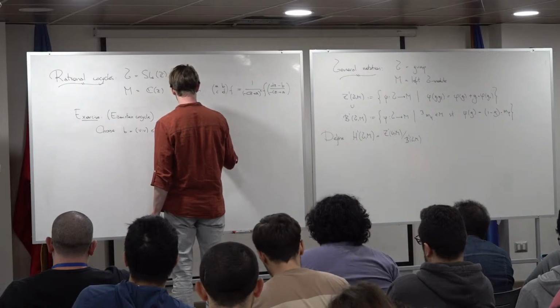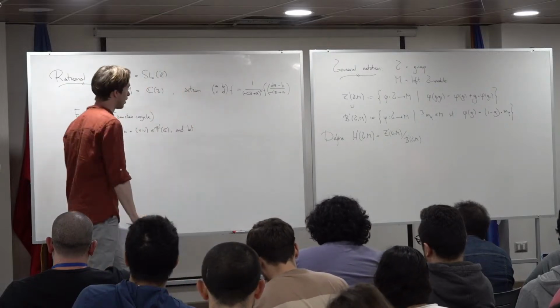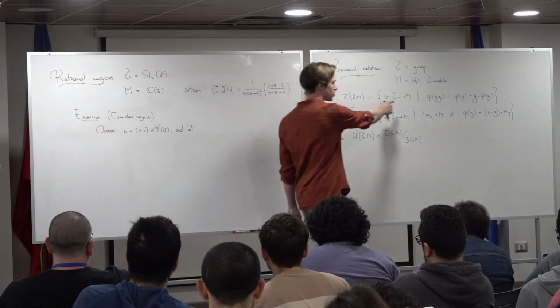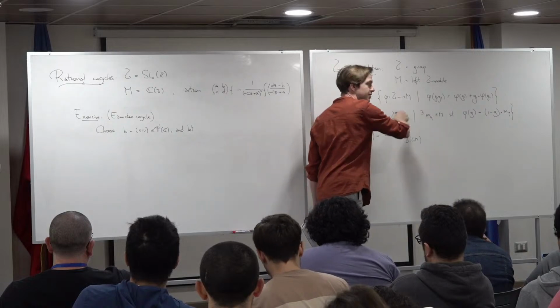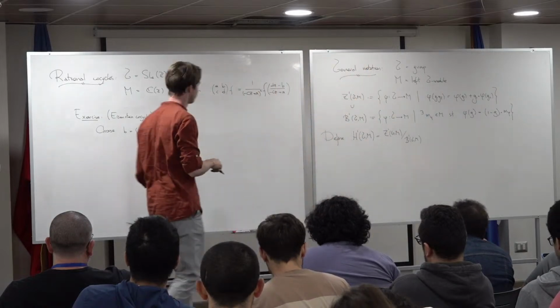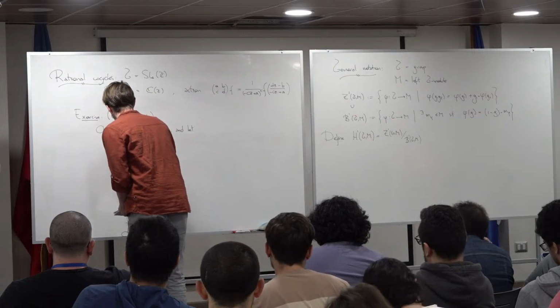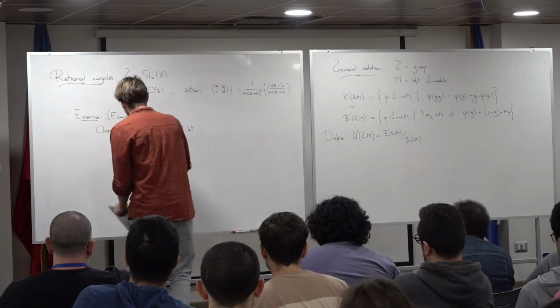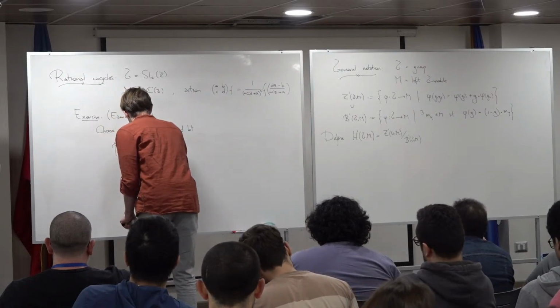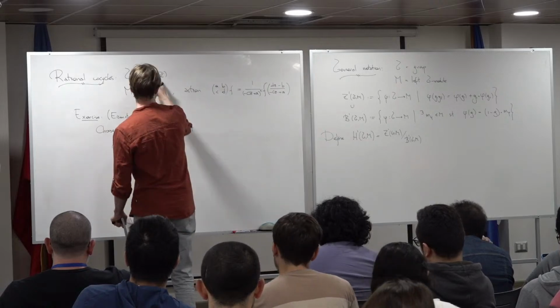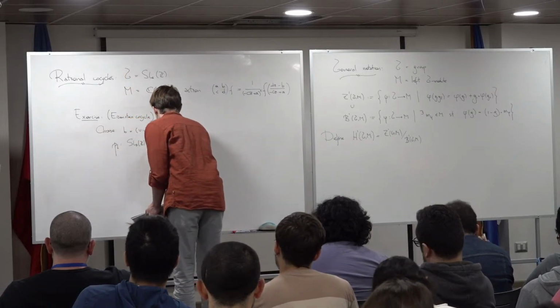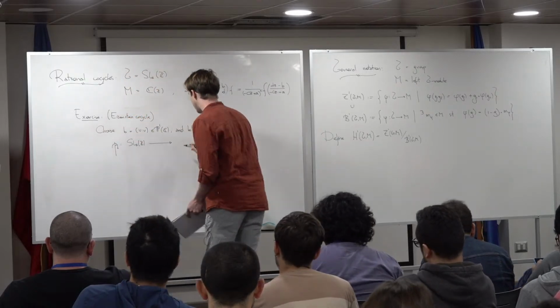Given such a base point, I'm going to define for you a function from the group to the module, and then your exercise is to check that it's a cocycle. The function is the following. I'll call it P_B. Since I'm in this setup, G had better be SL_2(Z), and M had better be C(z).